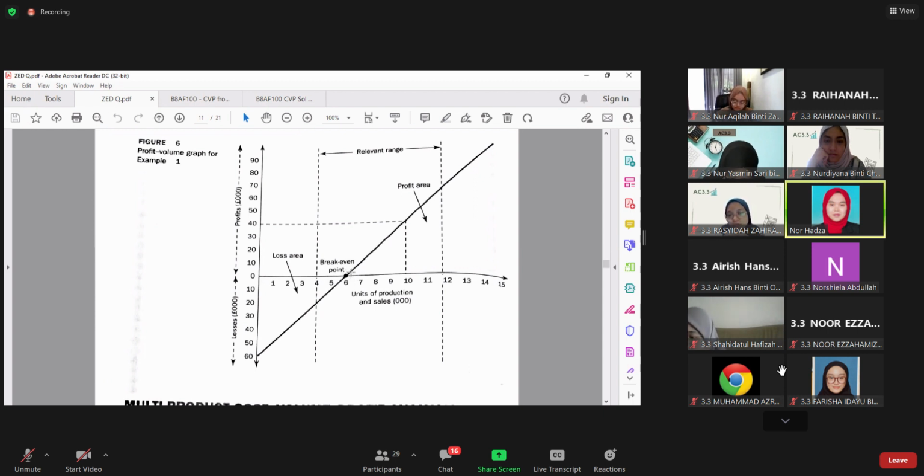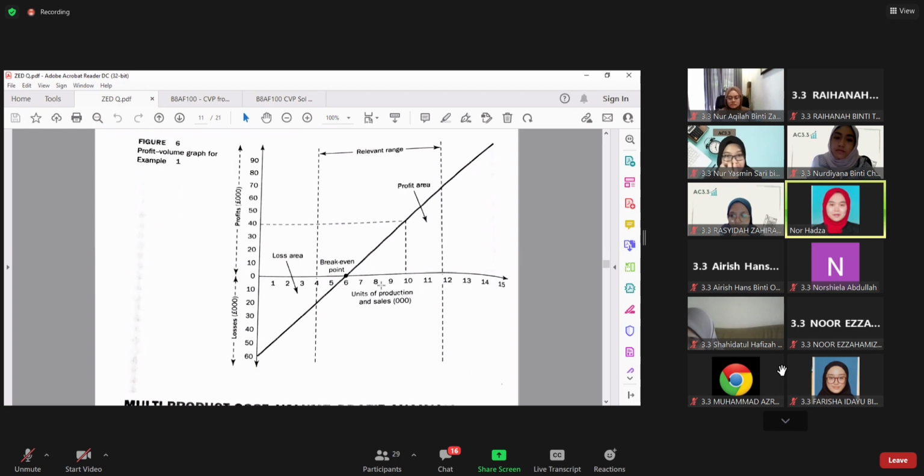Right? So this is also important. Sometimes, instead of using the math, the formula equation approach, if you're using a chart, you will be able to look at a wide range of what the effect will be on the break-even point and on the profitability.